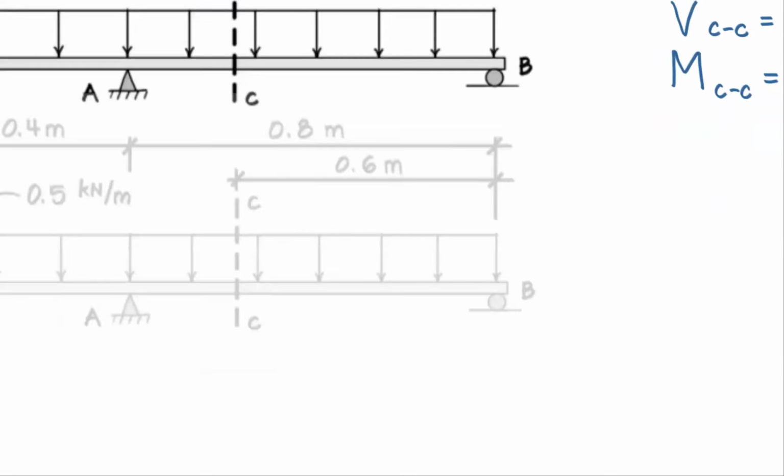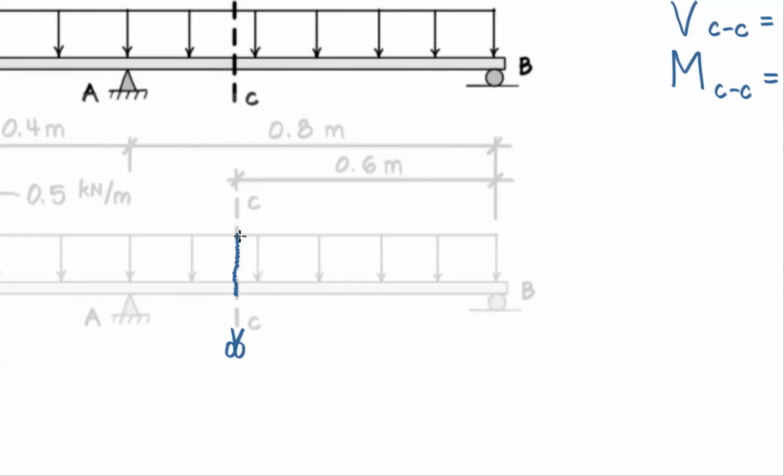What I want to emphasize is that when you take some little imaginary scissors and you cut through the fibers of a beam to expose the internal forces and moments, you're also cutting through any distributed load functions that happen to be on that beam.